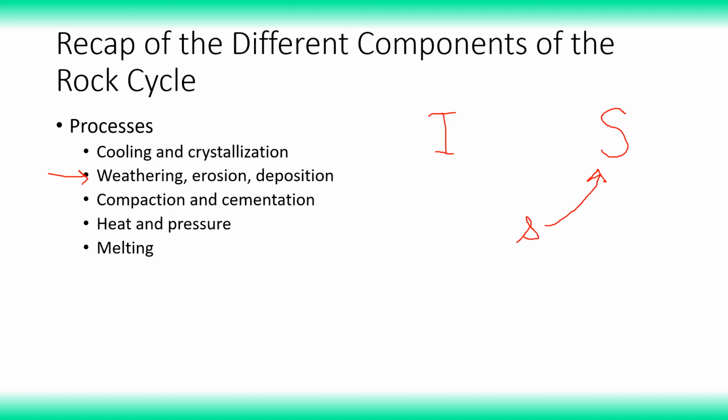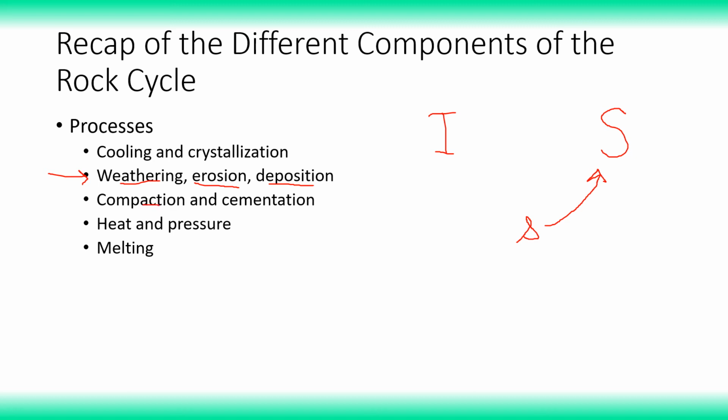This basically means that process of loosening the tiny chunks of the rock, that's the weathering part. The erosion part is carrying those particles away, and the deposition is dropping them off at some different location.